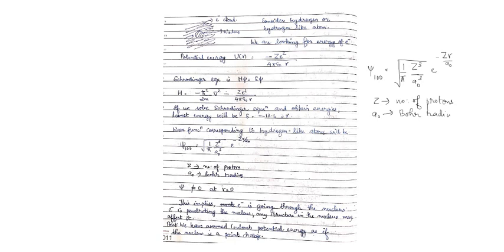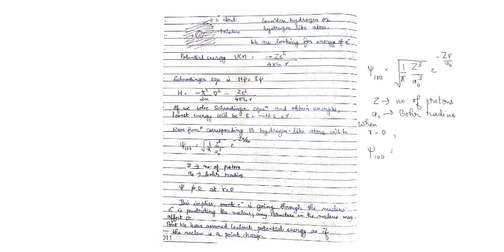Now tell me what happens when you put in r equal to 0. When r is equal to 0, what happens to psi 100? Is it equal to 0? No, because you have a non-zero term coming within the roots and e raised to 0 is nothing but 1.